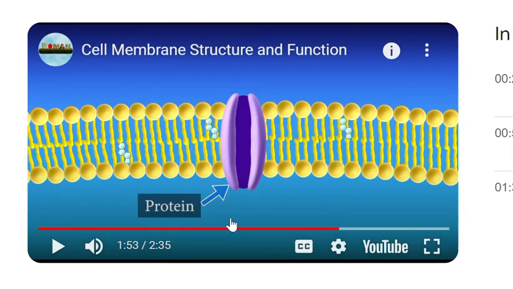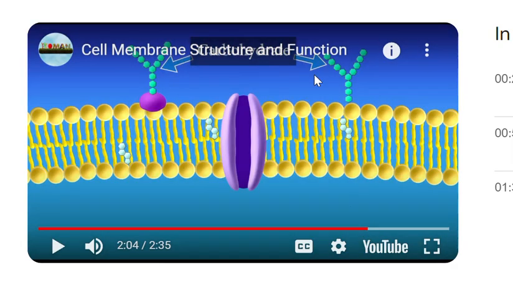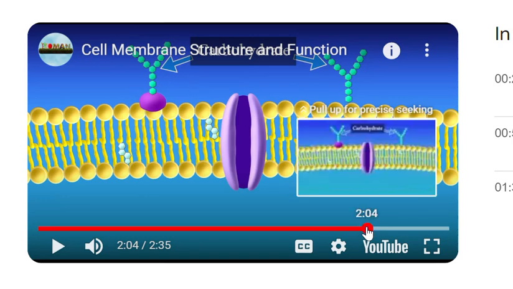Okay? So the proteins are where larger, either ionic or anionic molecules go in and out. Okay? So yes, we have here an ion, and then apart from protein, the phospholipid bilayer also contains the carbohydrate.